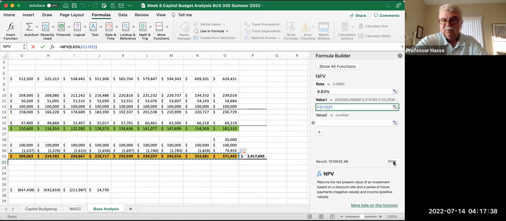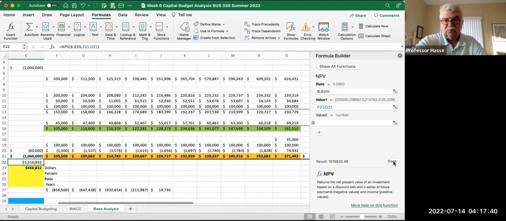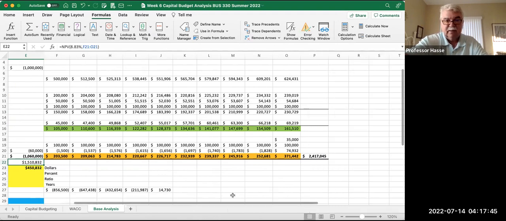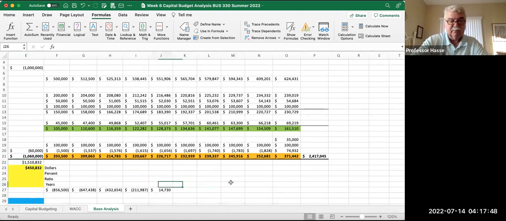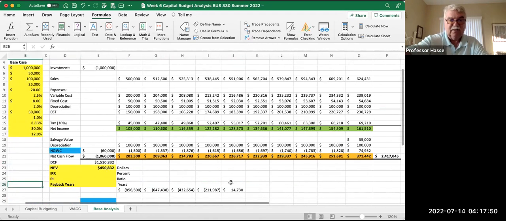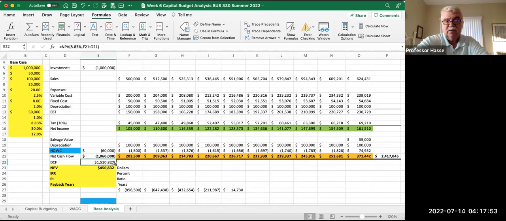And once we hit that, it's going to take those cash flows and determine its value in today's dollars. And there it is right there. $1,510,832. So the $2.4 million of cash flow generated over 10 years, discounted back to today when we're making the investment of $1,060,000 at our cost of capital rate of 8.83%, gives us $1,510,000.